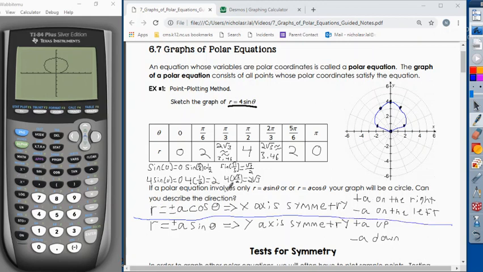So this indicates the symmetry for polar circles in the form plus or minus a times the cosine of theta and plus or minus a times the sine of theta.